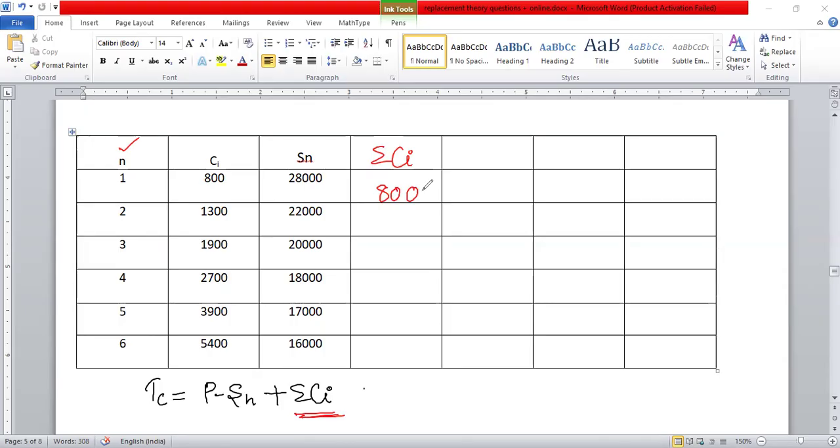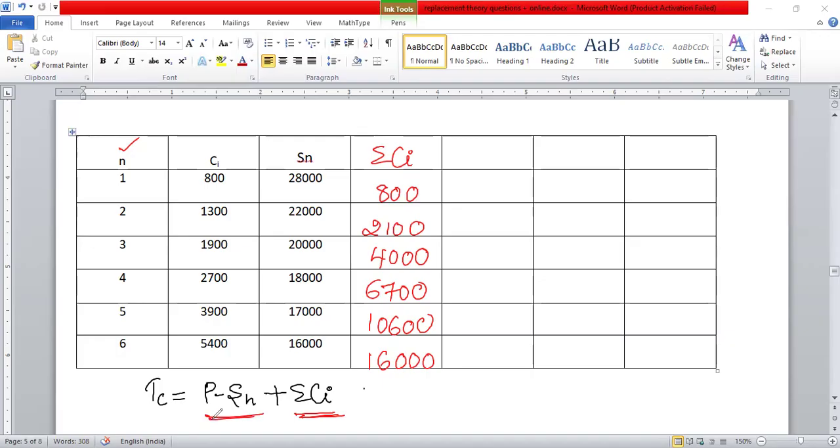The first one, 800, plus 1,300 is 2,100, plus 1,900 is 4,000, plus 2,700 is 6,700, plus 3,900 is 10,600, plus 5,400. So finally, 16,000. Okay, summation of Ci is finished.